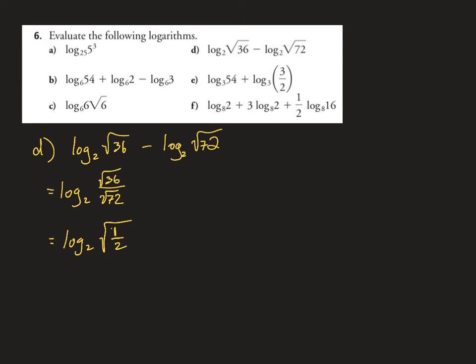And that equals the log base 2 of 1/2 to the 1/2, or we can say that it is log base 2 of 2 to the negative 1/2. And so that just equals negative 1/2.